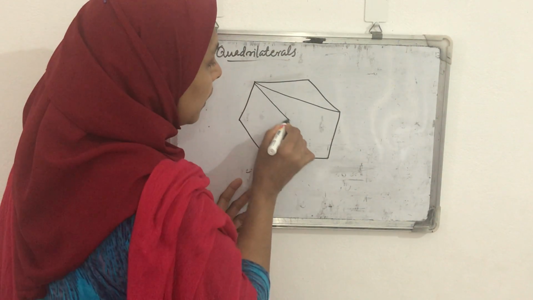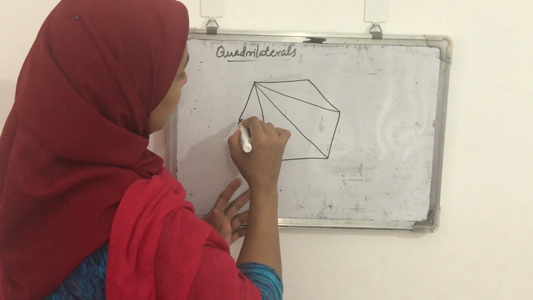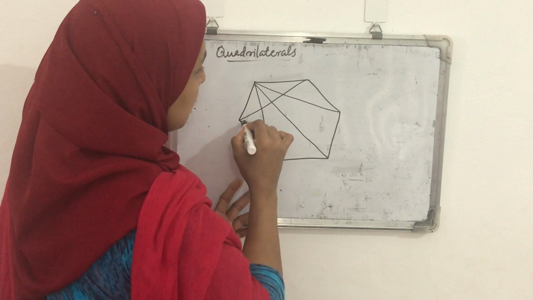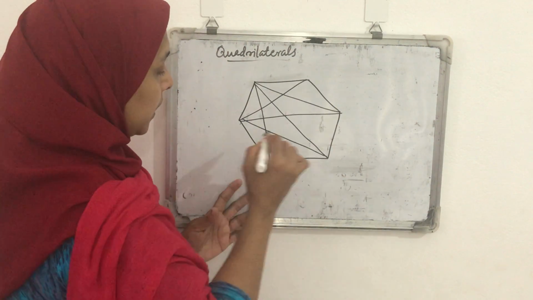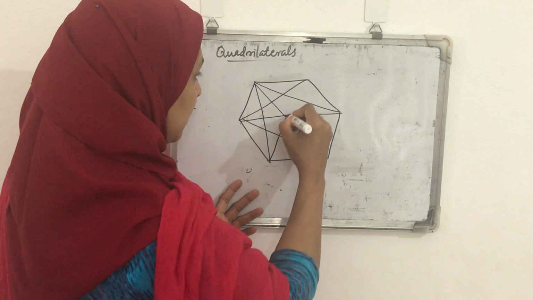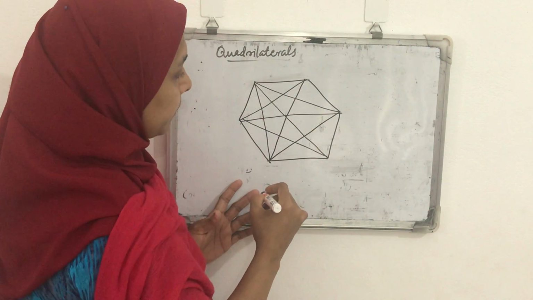1, 2, 3. Okay. Then from here 4, 5, 6. Okay. Then 7, 8.